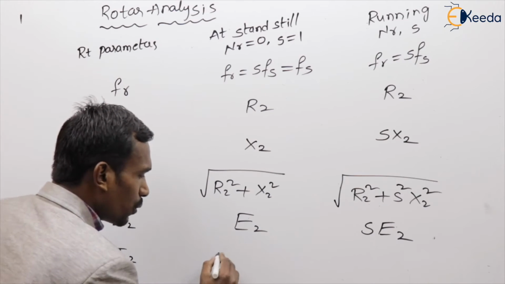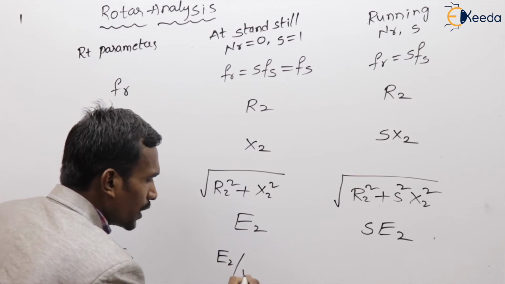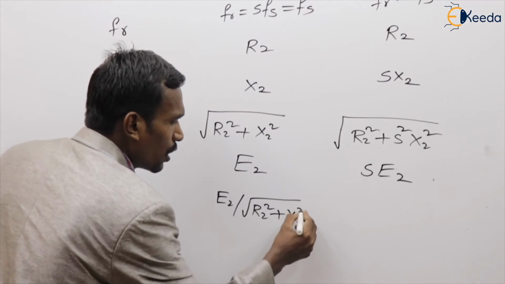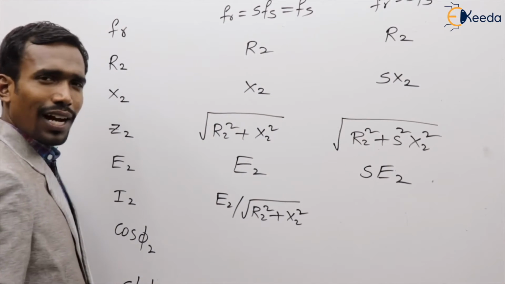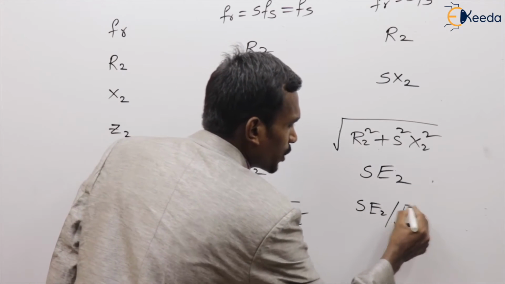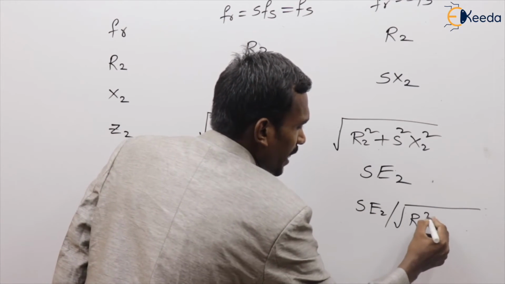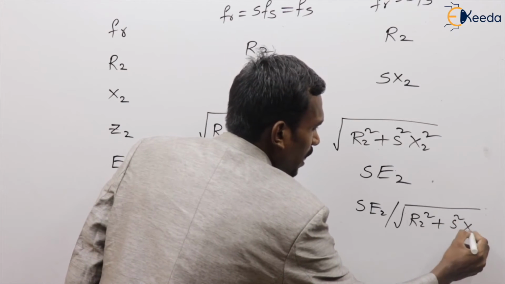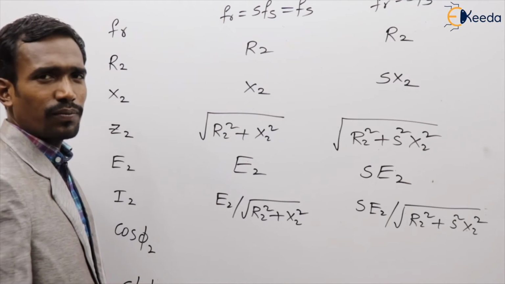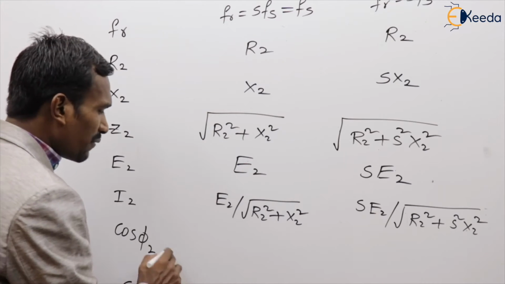What is I2? I2 is equals to E2 by Z2 at starting condition. At running condition, S into E2 by Z2. Power factor.